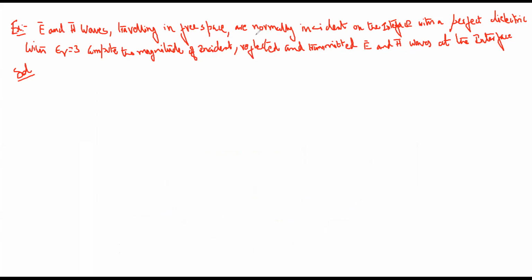Normal incidence on the interface with a perfect dielectric with epsilon r equal to 3. Compute the magnitude of incident, reflected and transmitted E bar and H bar waves at the interface.